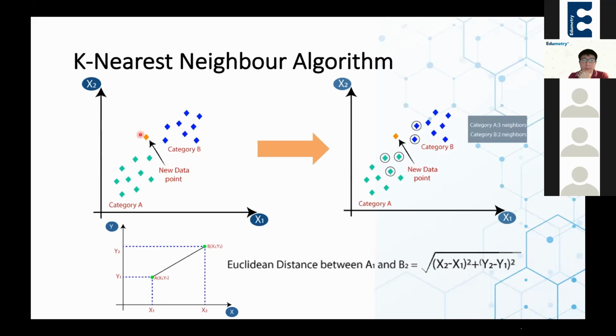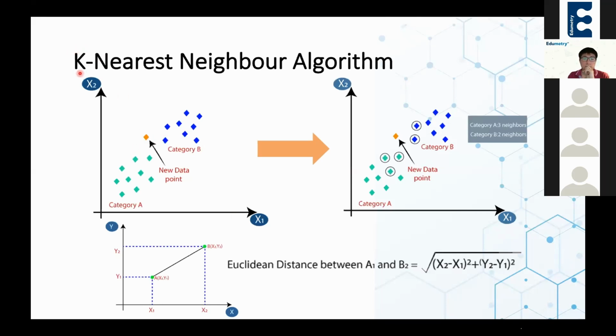Then you ask the machine, can you identify what this undefined object is? If the machine is powered by the k-nearest neighbor algorithm, then its learning process, its reasoning process will be like this. First of all, the k means a number.